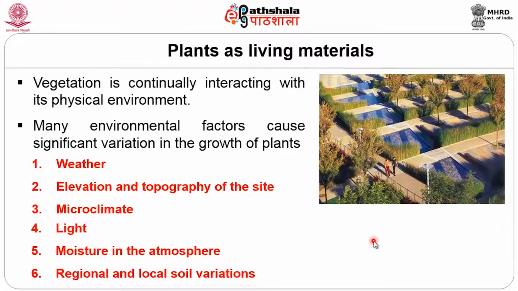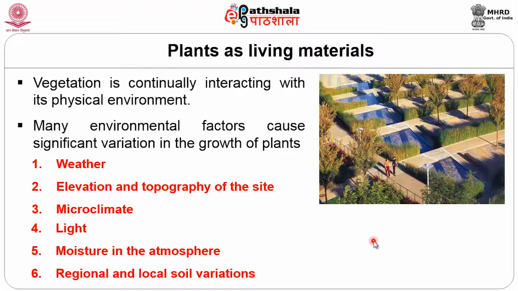So plants, since they have life, and since they have characteristics which respond to light within their own structures, light plays an important role in the way that it alters the particular environment as such. Then the moisture of the atmosphere also causes a significant variation in the growth of plants.